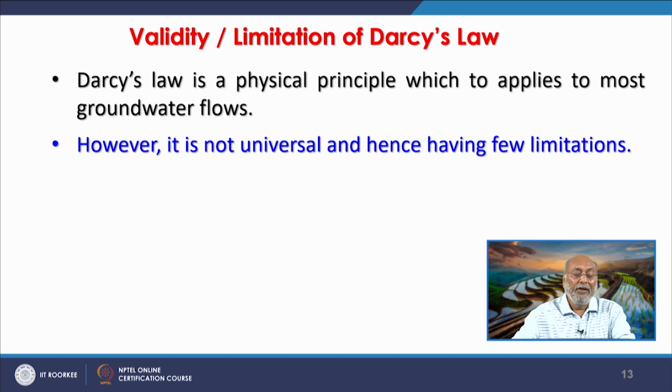For example, I will just touch on this, and later on we will have a more detailed discussion about laminar flow and turbulent flow. In turbulent flow Darcy law is not valid. So Darcy law is not universal, and in fact no law is universal, only for certain conditions. If they are assumed or fulfilled, then it will be applicable.